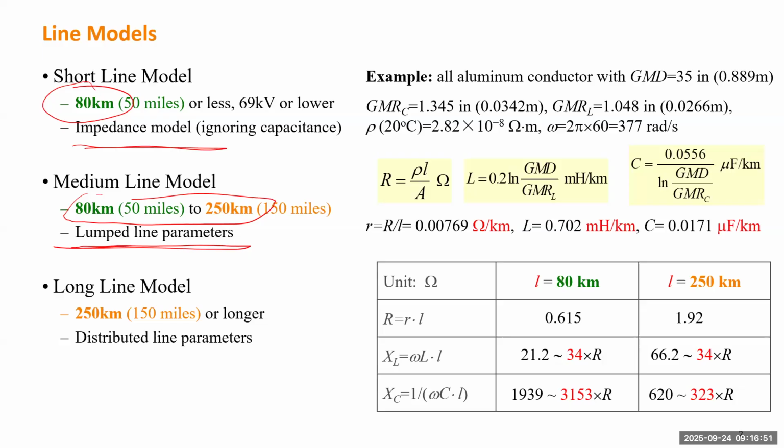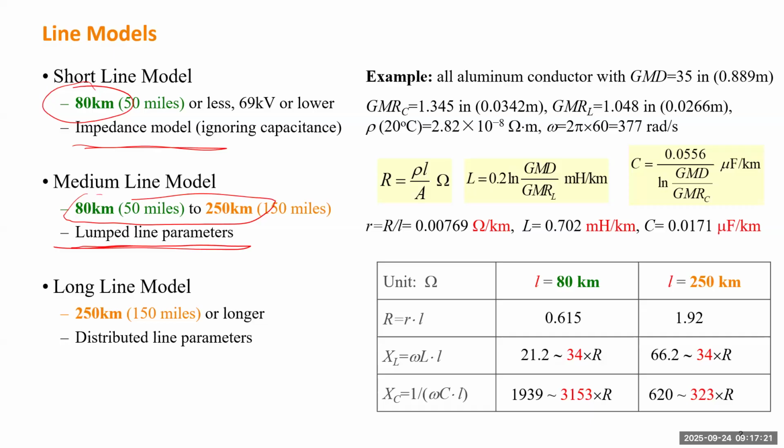The lumped line parameter means that even though the capacitance, resistance, inductance are distributed along the entire line, we can treat it as an ideal line without resistance, without inductance, but we push all the resistance and inductance into a single element. It's just like an ideal line, a superconductor, connected in series with a resistor and an inductor.